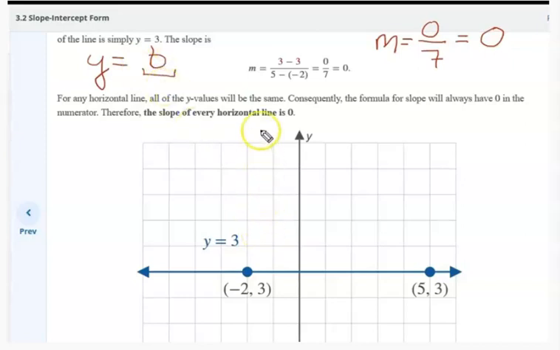So in graphing something like this, you would put a dot at your y-intercept, and then any other point along that same horizontal line, and the equation would form. And there is, again, the equation in its form, y equals b. B being the y-intercept. All right, let's go on.